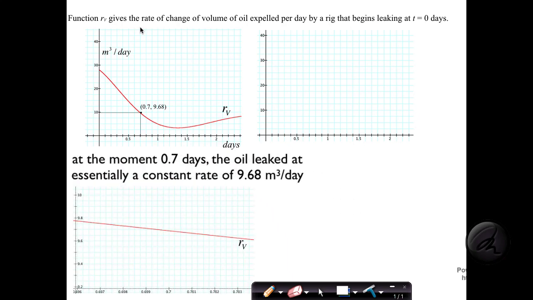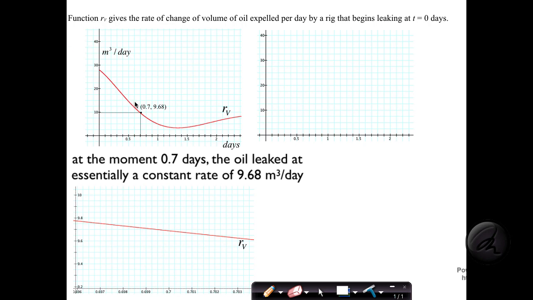So what we talked about is, first of all, whenever you're looking at graphs, we're going to see two different sorts of things graphed. Most of what you're used to seeing is a graph of how much of something there is, whether it's area or distance or something like that. But what we're going to be looking at for the next while is graphs of rates, so the rate at which the oil was leaking.